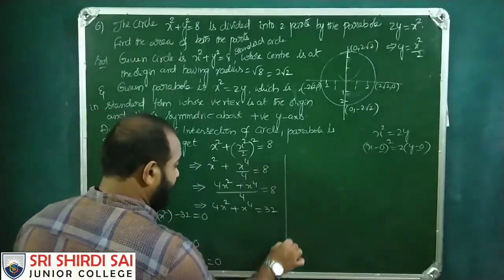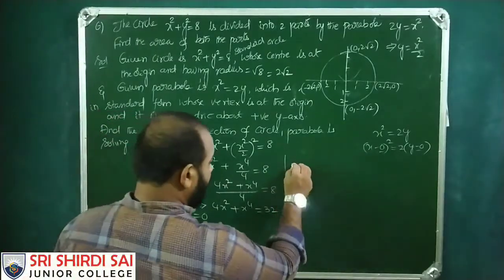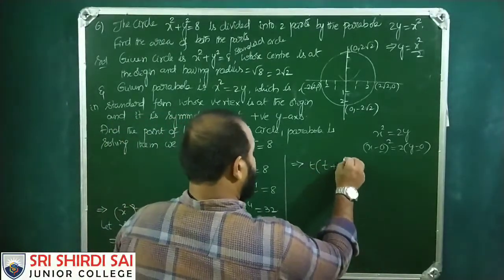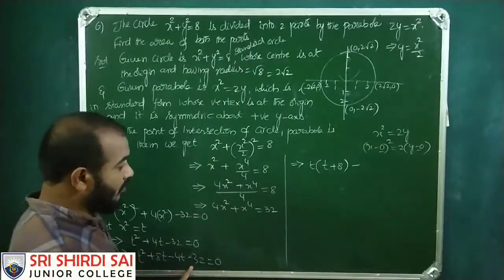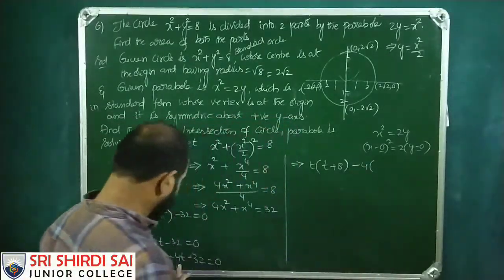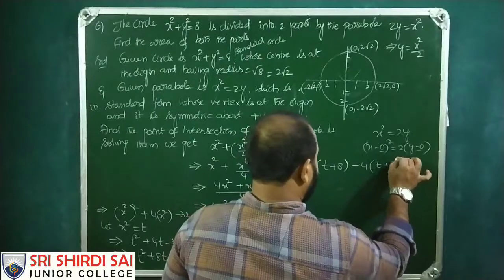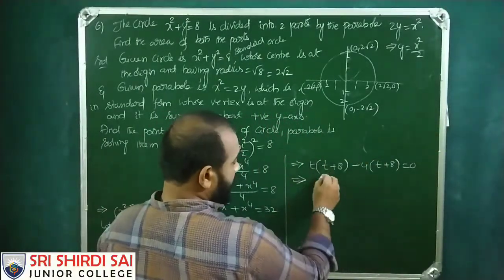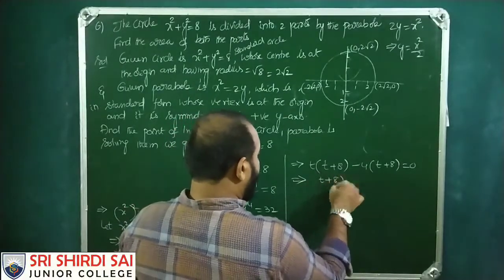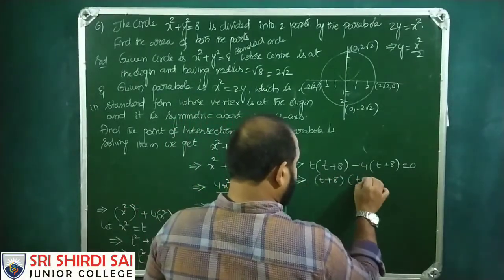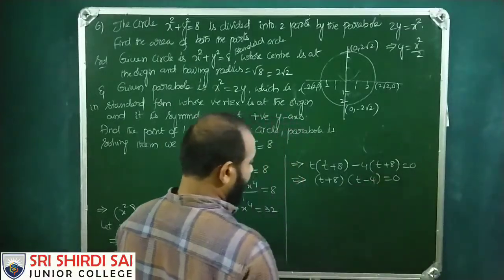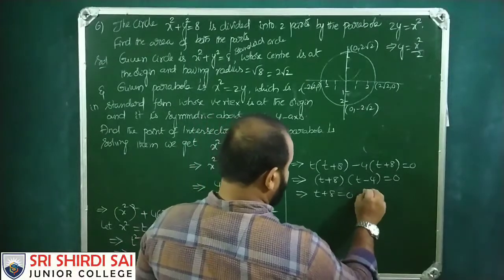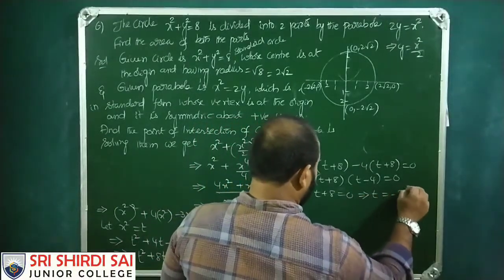That implies t into t plus 8 minus 4 times t plus 8 equals 0. That implies t plus 8 times t minus 4 equals 0. t plus 8 equals 0, t equals minus 8.